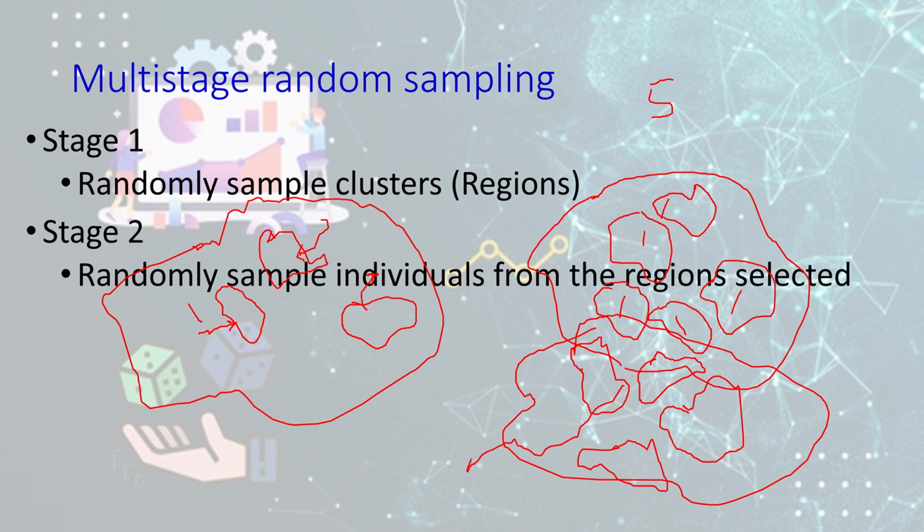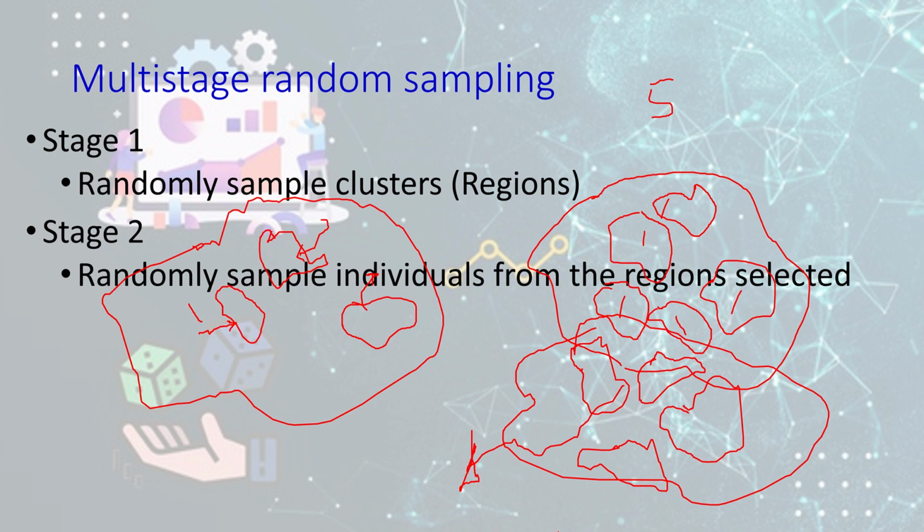Let's suppose we have selected this one, and the only restriction is that the size of each cluster will not be less than 5. So you simply select one cluster and then go for a random selection from that cluster. You can have 5 individuals selected randomly from that cluster once you have selected it. It's a simple way of doing that.